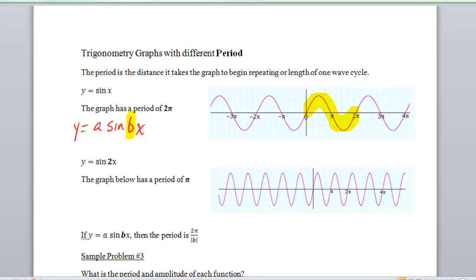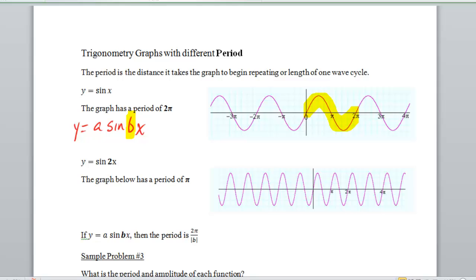However, b is showing us how quickly that full cycle is taking place, so the frequency of that cycle. Since we know the length of the circle is 2 pi radians, we have to relate the frequency back to that.